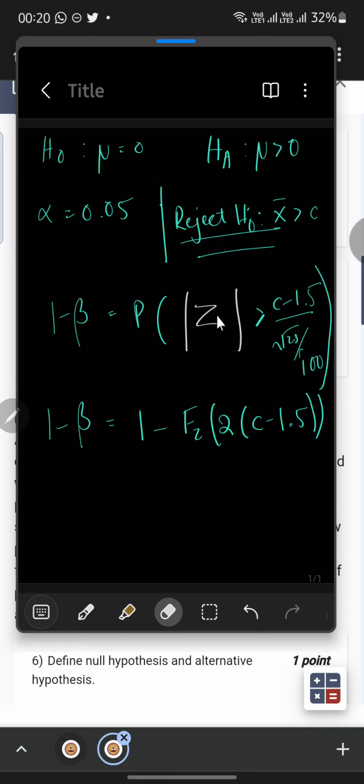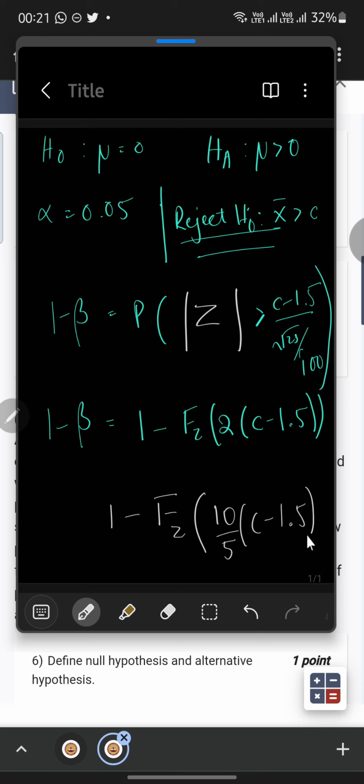Now I converted this thing, basically this would be z greater, perfect. So now this will convert into, let me just wait a minute. This would be Fz, because it's greater than, so we will write it 1 minus Fz of 10 by 5 into c minus 1.5.